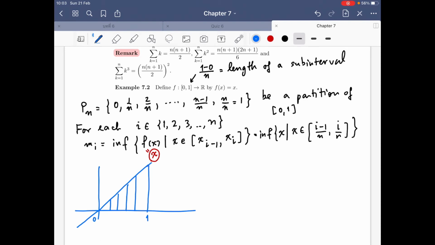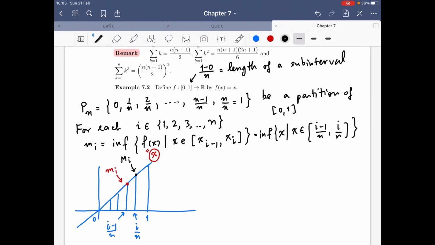Let's say this one is (i-1)/n, the left end of the i-th subinterval, and then this is i/n. So here will be your infimum, and of course there will be your supremum.